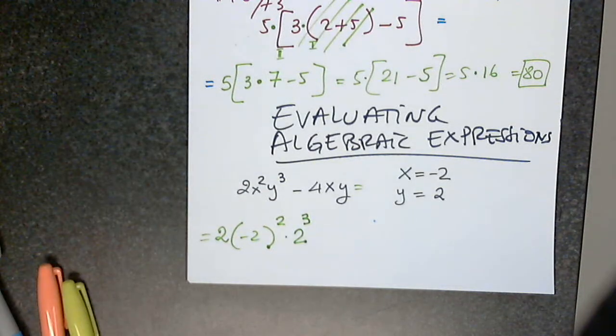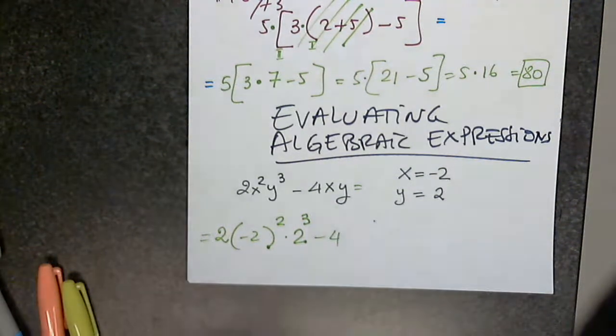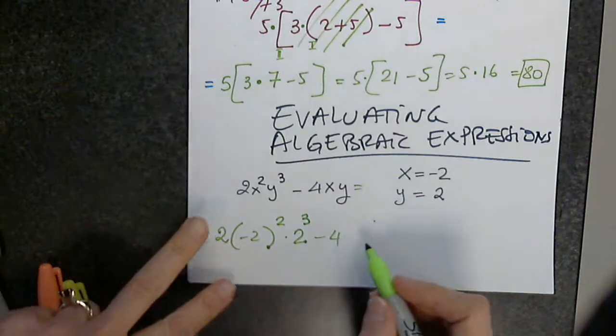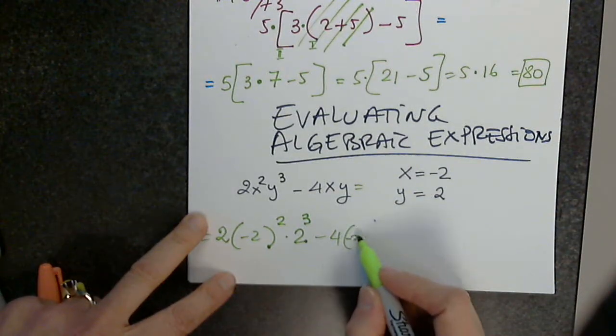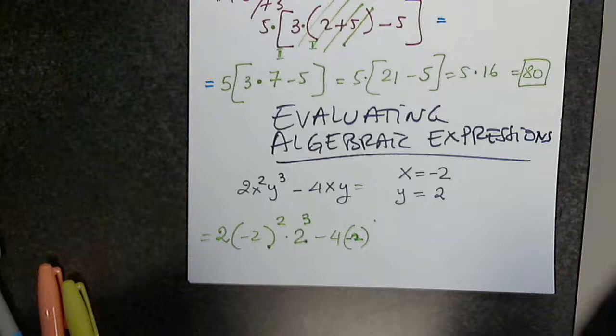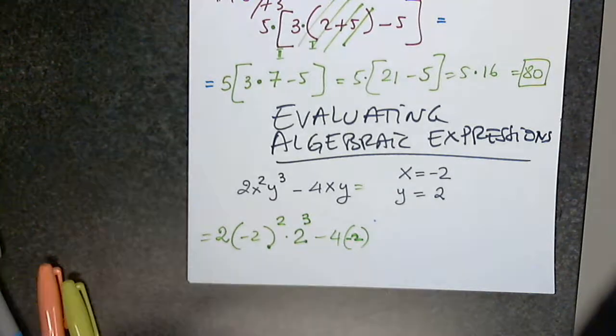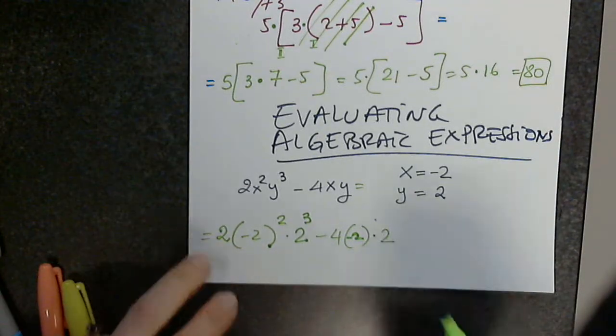So this is only replacing x and y with the given values in this expression. I reached -4. I have to copy -4. And then I have x to copy, which is -2. I have no choice but put it in parentheses because it's a negative number. And then y multiplied by 2.